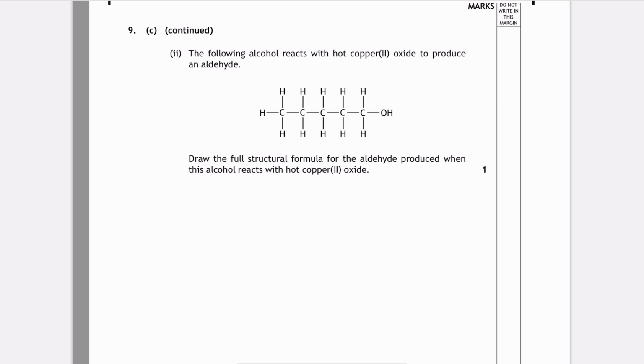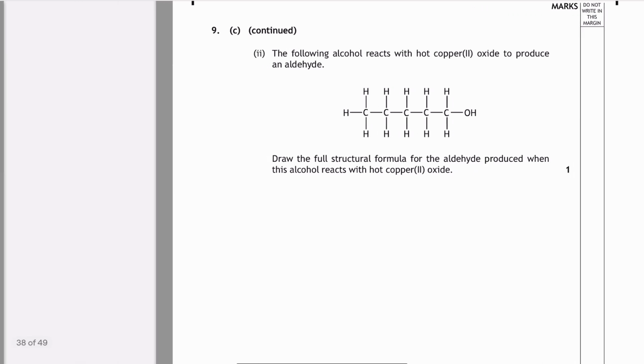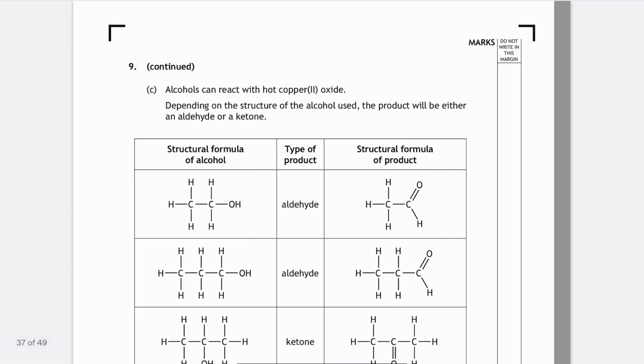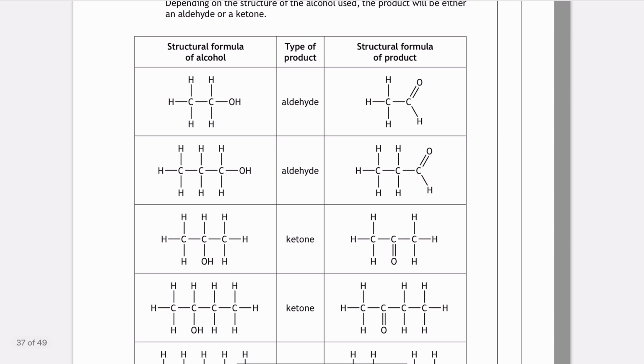So then 9C part 2, the following alcohol reacts with hot copper 2 oxide to produce an aldehyde. Draw the full structural formula for the aldehyde produced when this alcohol reacts with hot copper 2 oxide. So we want to look at the examples that we had here and see how the alcohols look different when they become aldehydes. So it's like a game of spot the difference. So if we have a look at what's happened here, and you just want to think in basic terms, does it look different?